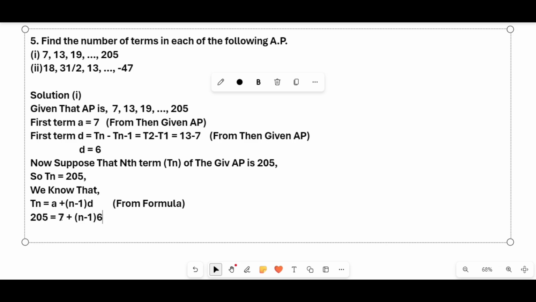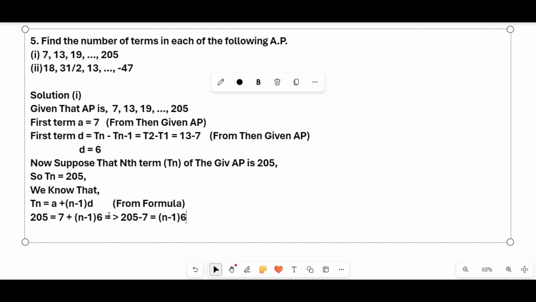So if you calculate this one, it will be 205 minus 7 is equal to n minus 1 into 6.